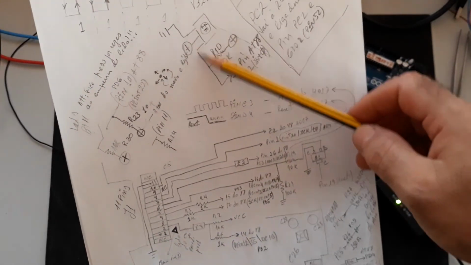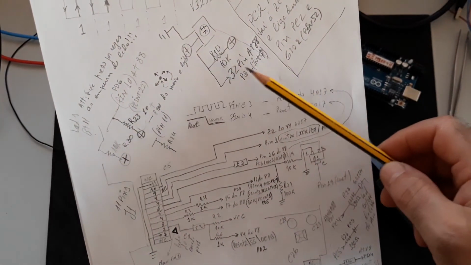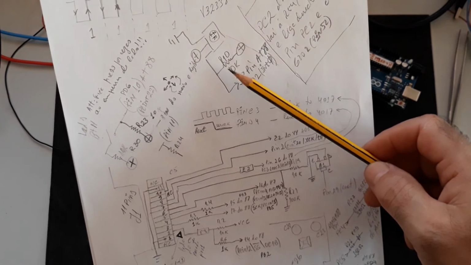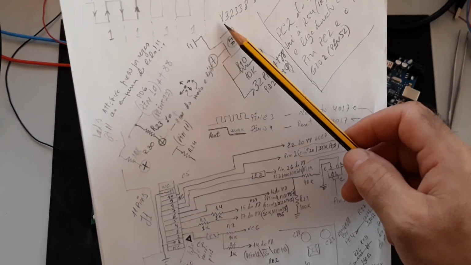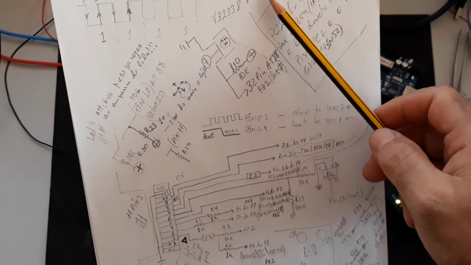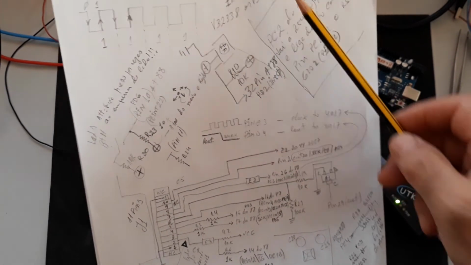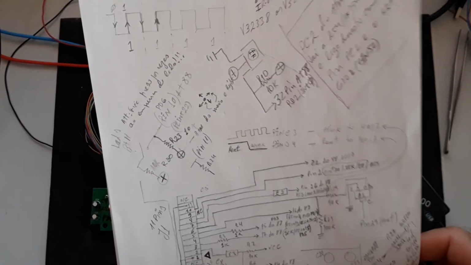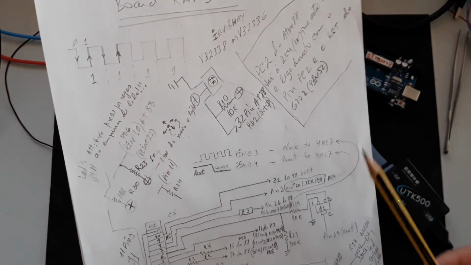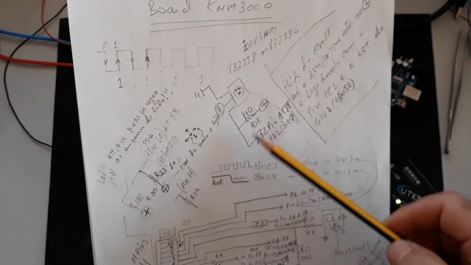Here you have the infrared receiver, okay. The receiver in this case is V32338 or V32336, depending on the frequency you use, okay. But the one implemented in the board is the 338.